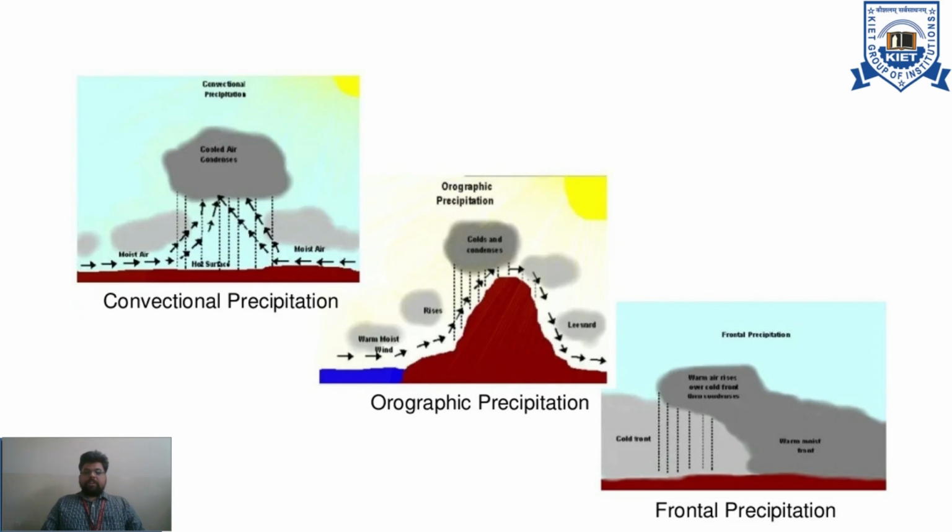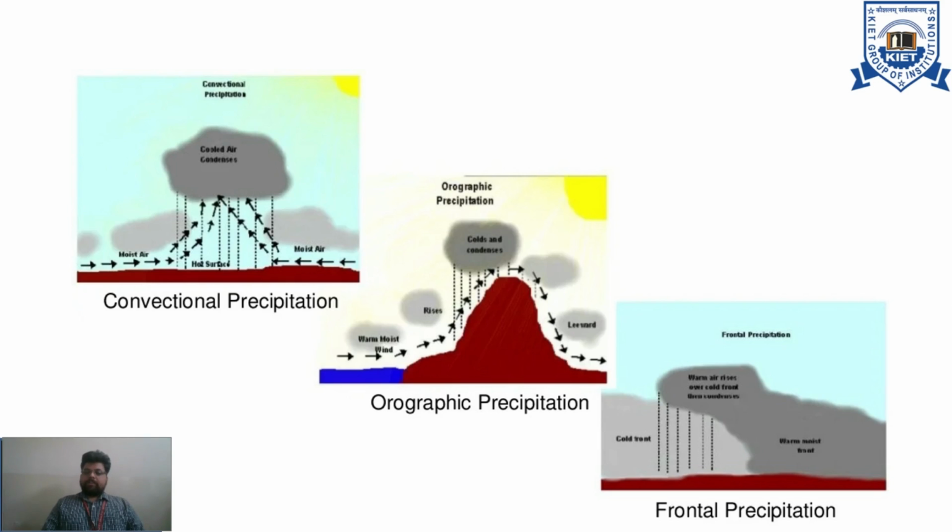Same phenomena is happening in the orographic precipitation. The warm, moist wind is having a certain amount of water present in the clouds. As it comes in contact with a mountain or any obstruction, the air mass rises. As it rises, the temperature decreases and the water which is present in the clouds condenses and comes down in the form of precipitation.